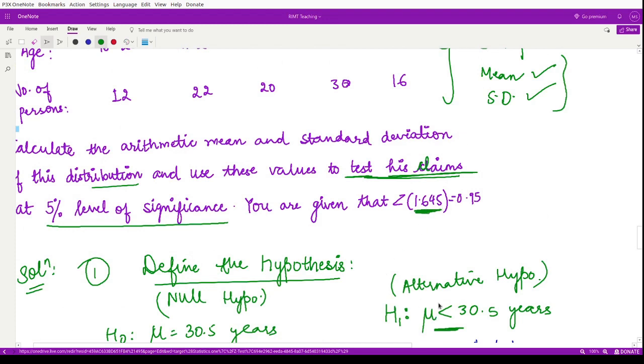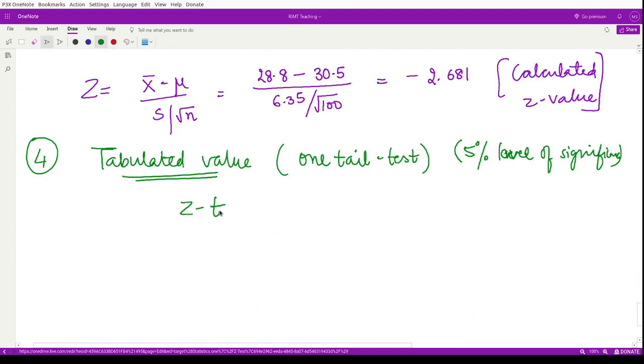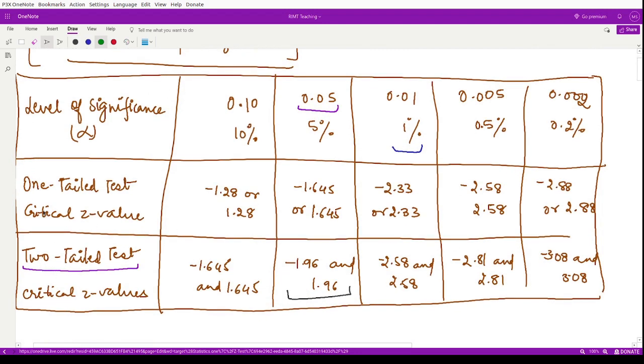Because it is a left tail test, the Z tabulated value would be on the negative side, so it would be minus 1.645. Otherwise, for a one tail test at 5% level of significance, you may go back to your table, and your value is this one. Because it is a left tail test, this is a negative value. So minus 1.645.